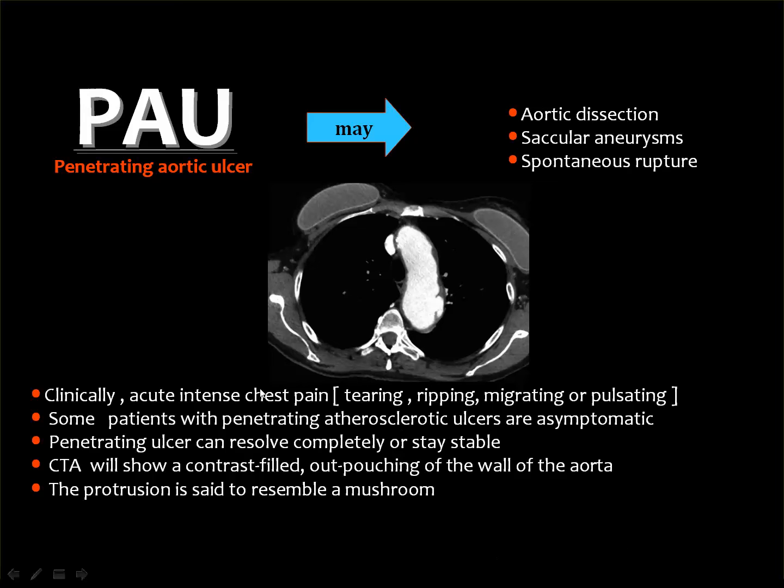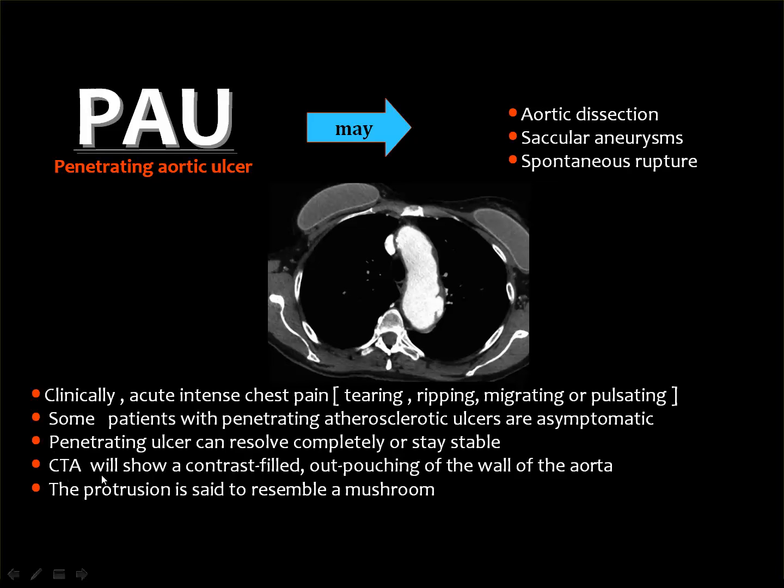The clinical presentation of penetrating aortic ulcer is almost similar to that of dissection, including acute chest pain, and sometimes the patient may have no symptoms, and penetrating ulcers can resolve completely or stay without progression.